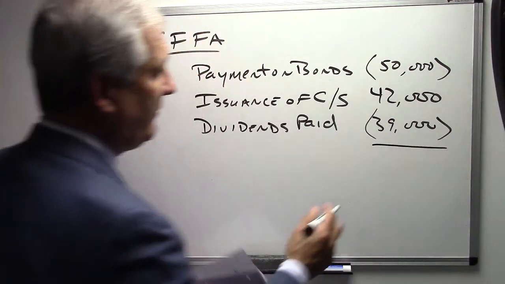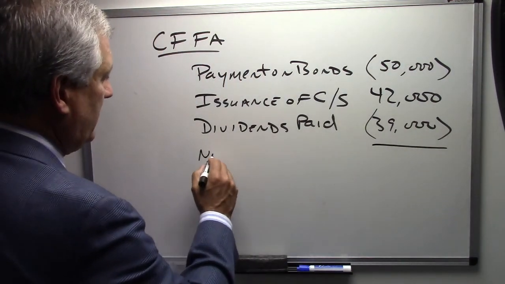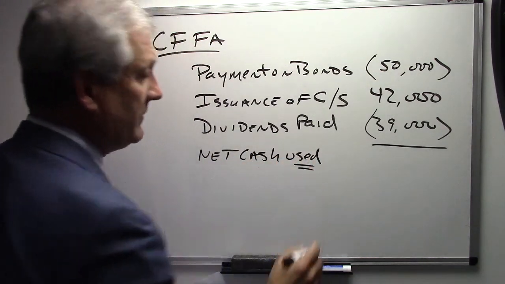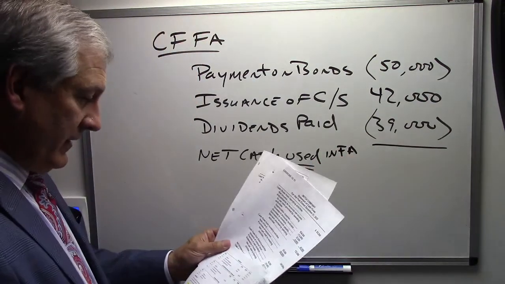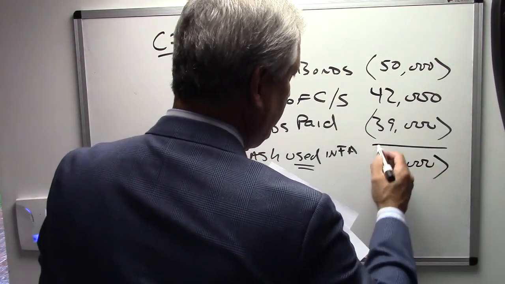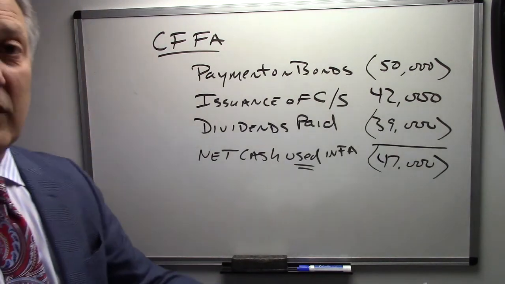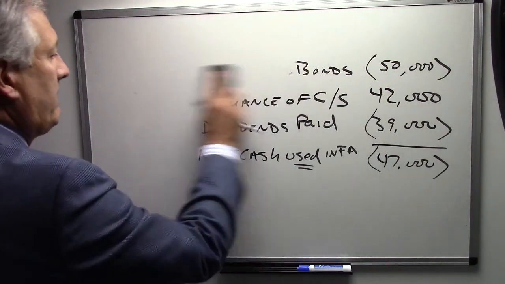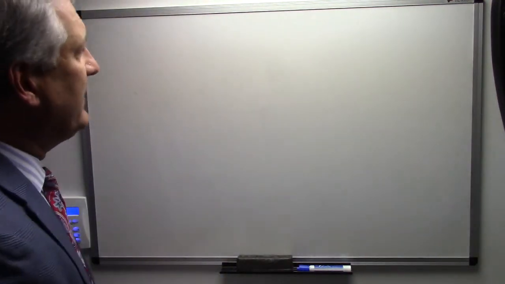So here we have what? Net cash used, negative number, in financing activities of $47,000. So what we want to do now is sum up the 3 categories: operating activities, investing activities, and financing activities.